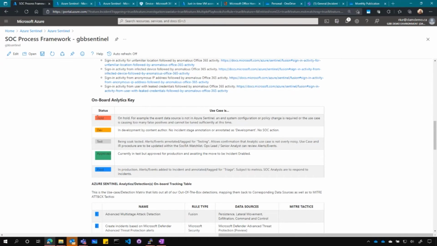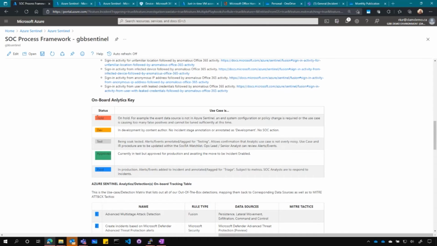And we can come in as any analyst and see, oh, this use case is on hold, or it's in development, or it's in test, it's being SOC tested, right? I don't need to apply the type of annotation stages that I'm used to. It would simply be tagged for testing to confirm that that's the analytical use case. It's not overly noisy, looking at the IR processes and procedures that need to be applied or updated.